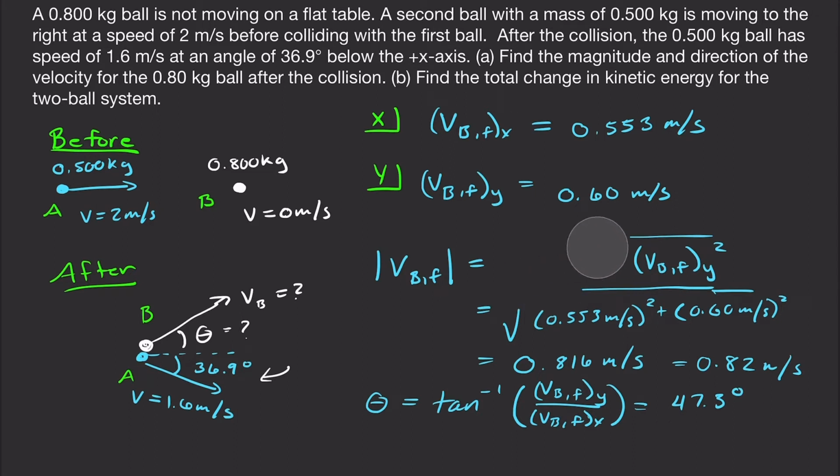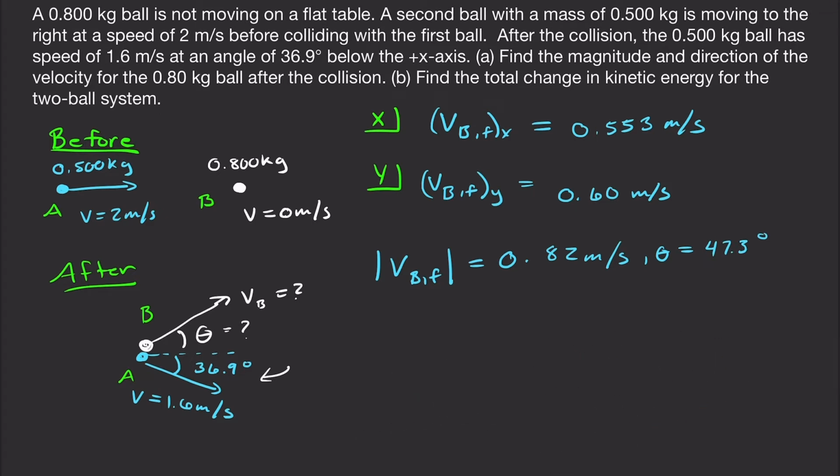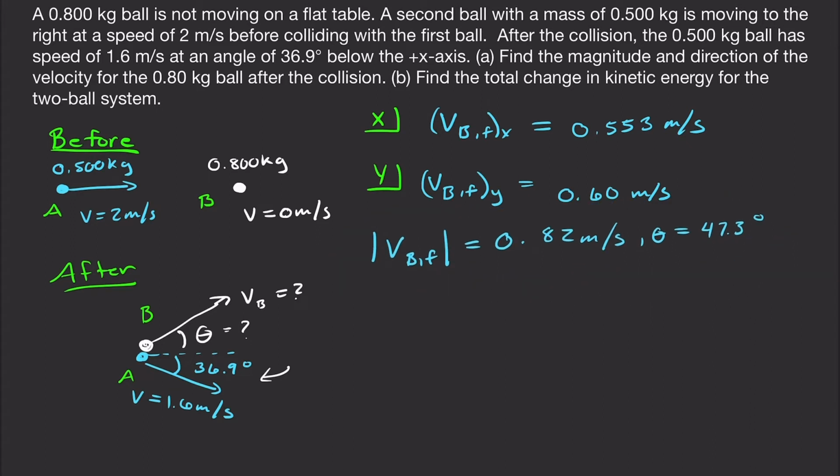So now our final answer is, for the magnitude, 0.82 meters per second at an angle of 47.3 degrees. And now we can do part B and find the change in kinetic energy. So this is part B.